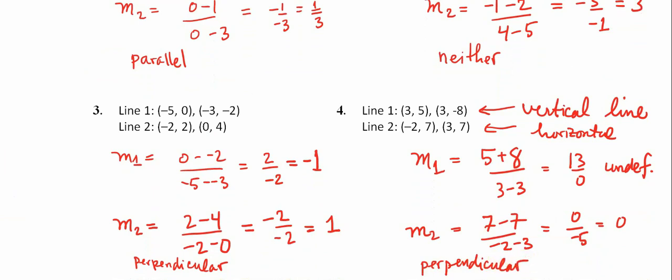All right, so there you have it. Again, we will see a proof of this in a different part of the lesson, but these are some examples that hopefully give you a better sense of how to determine whether two lines are perpendicular or parallel or neither.